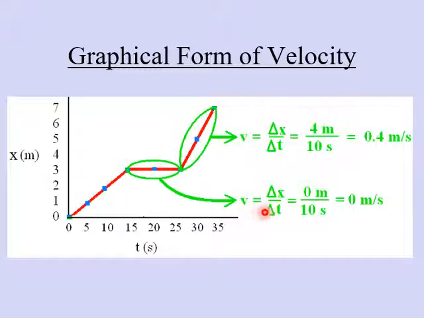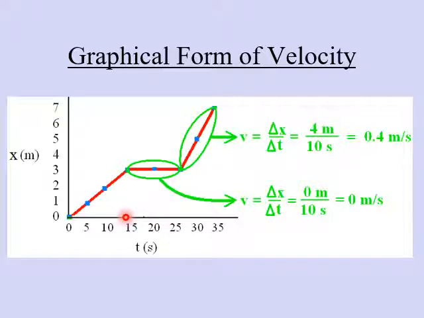So we can calculate her velocity mathematically. We already know what it's going to be. It's going to be 0, right? Because she's not moving. But if we think about delta x, how far did she move during this time right here? Well, she didn't move at all. So her displacement was 0 meters. Now, the time interval, delta t, was 10 seconds because she started here at 15 seconds and she didn't move, of course, but at 25 seconds, she was still there.